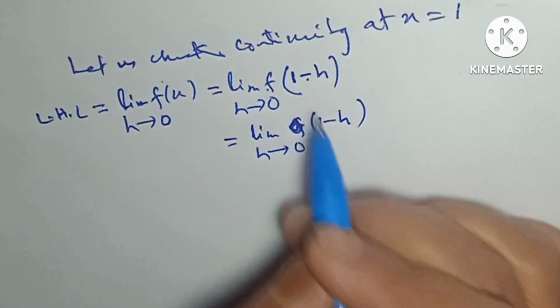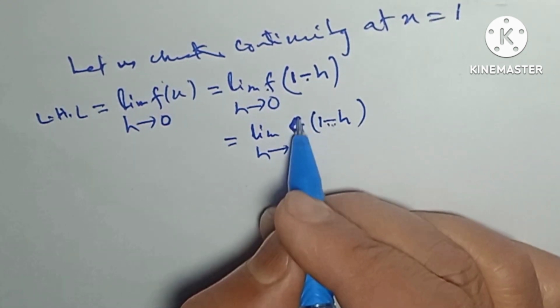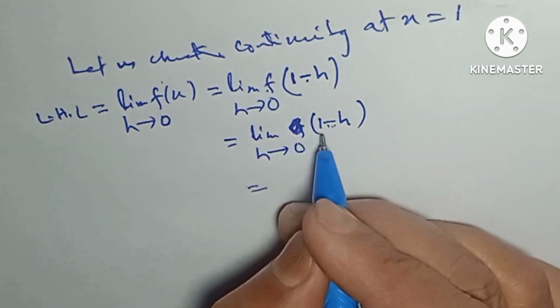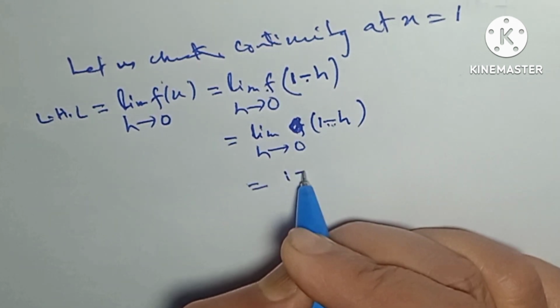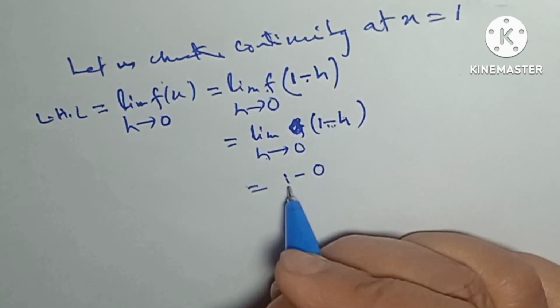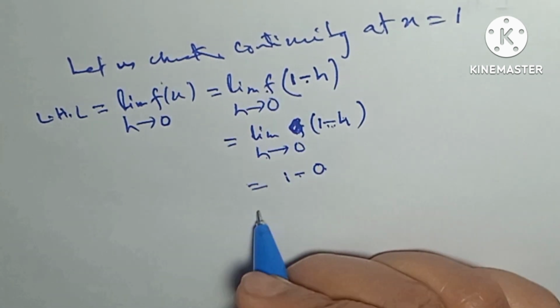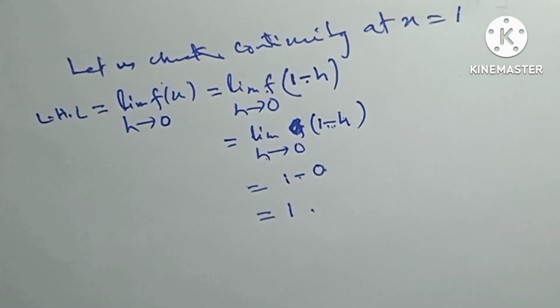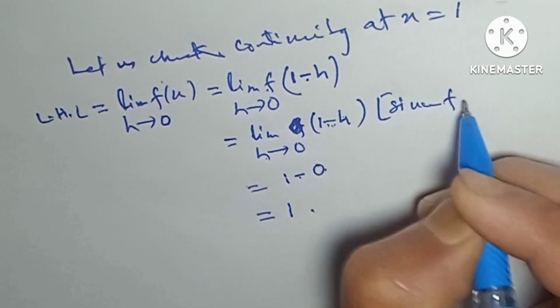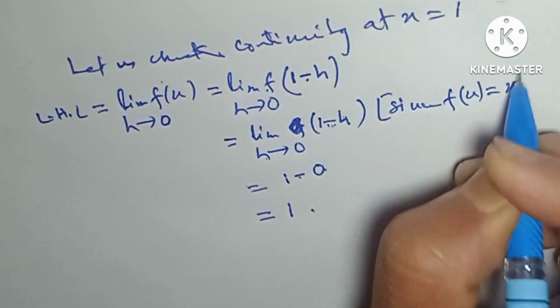Let us put the value h equal to 0 here. It is 1 minus 0, which is equal to 1, since f of x is equal to x.